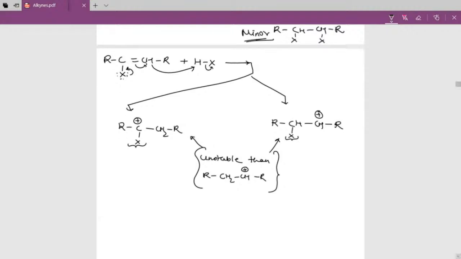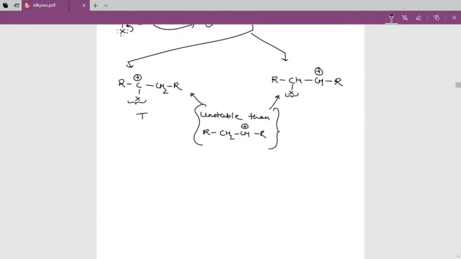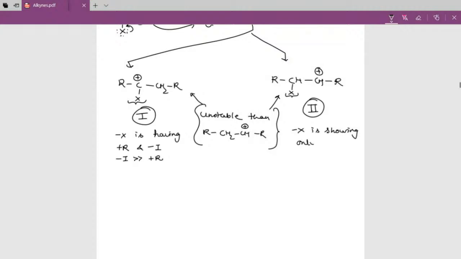Okay, so for both to compare, let me number them as 1 and 2. In 1, halogen is having its plus M or plus R and minus I tendency both, and certainly minus I is dominating over its plus R. Here halogen is showing only minus I, no plus R is there.